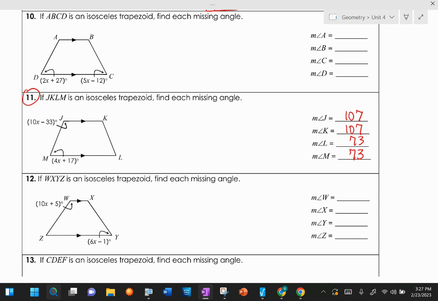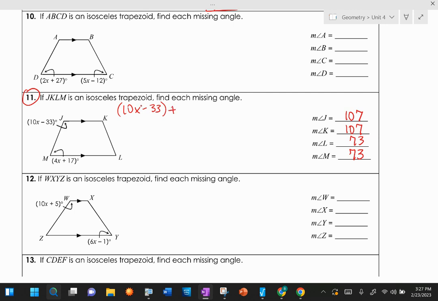I'm confused. Okay, so let me walk through at least one part. We have 10x minus 33, and I am going to be combining that with angle M. This is an isosceles trapezoid, which means the angles between the parallels have the same rules as the non-isosceles, so they are supplementary to each other and not congruent.